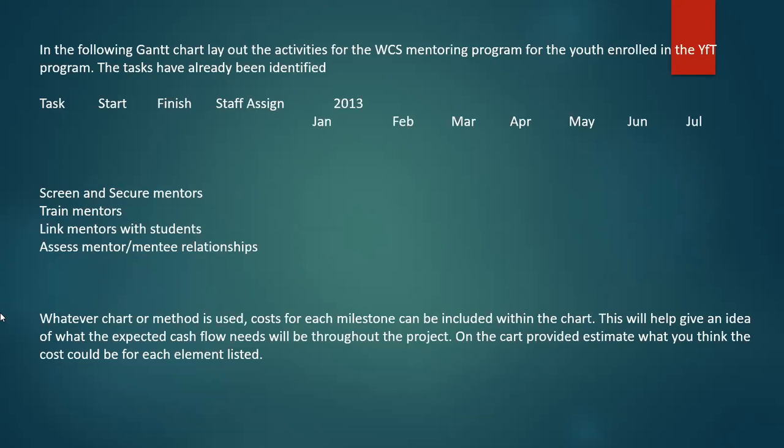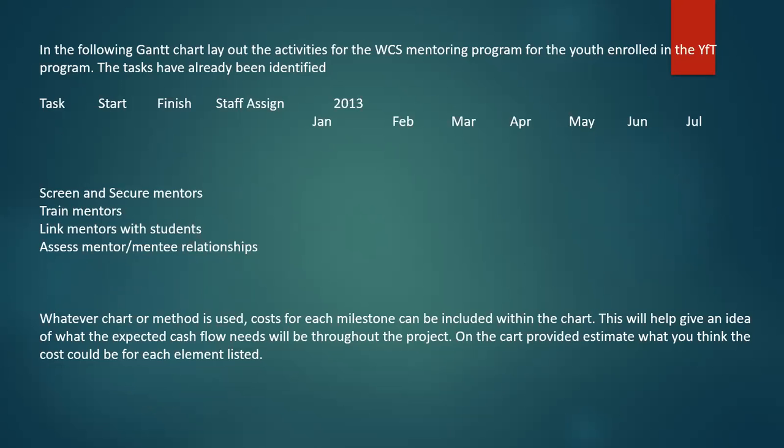Screen and secure mentors, train mentors, link mentors with students, assess mentor-mentee relationships. Now these are 4 of their tasks. Each of these tasks has to have a start date, a finish date, and a breakdown of what's going to be done every month. Now, finally read the last paragraph.